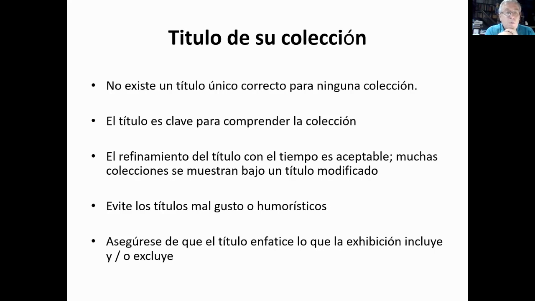Now, why might you want to change the title over time? Well, different juries might give you suggestions as to how that title could be amended to make it more helpful for future juries. Secondly, you might actually change the scope of your exhibit. You might decide that, for example, when you added more material to the first issue of a country, you might want to leave out the third or fourth issue.